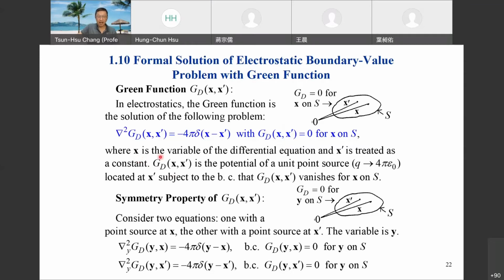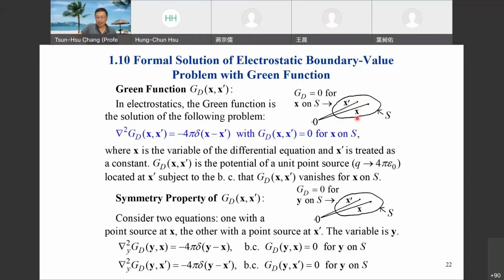So x is the variable of the differential equation, and x prime is treated as another variable, not a constant. Since we have two variables, x and x prime, the operator will only operate on the unprimed one, and x is the variable.